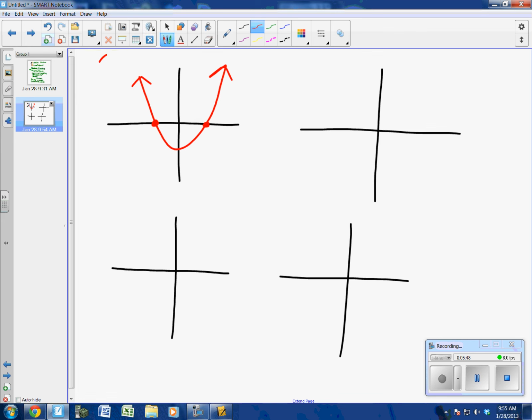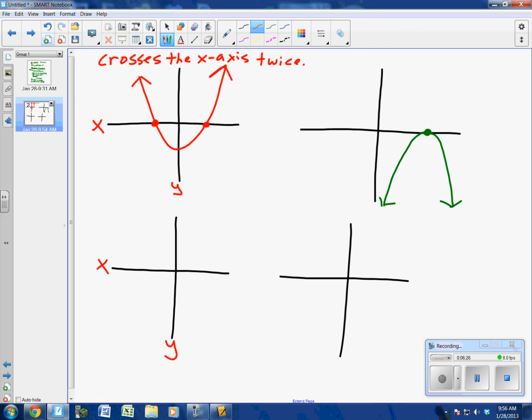Okay, so this one crosses the x-axis twice. Okay? What about this one? Does this one work? X-axis is this axis right here. Right? You guys, on all of these, this is the x, this is the y.